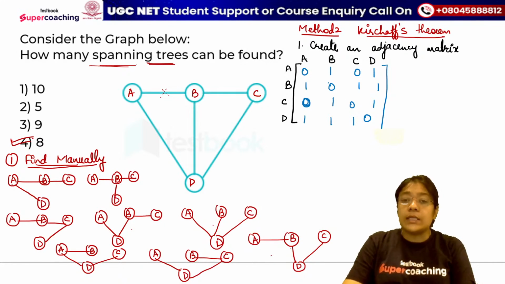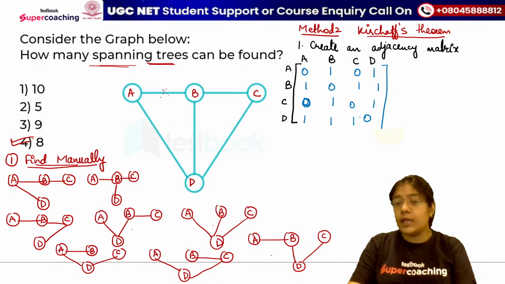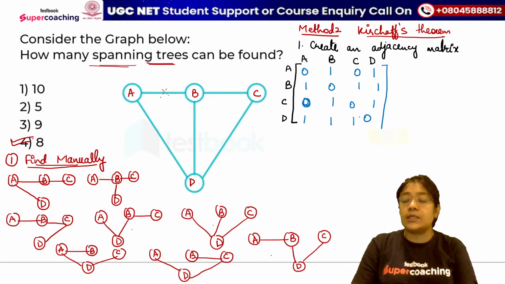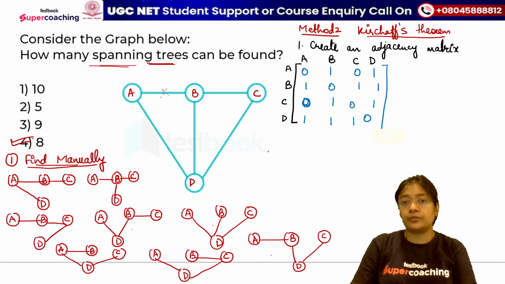Now जितने भी आपके पास diagonal elements हैं, इनको हम replace करेंगे with its degree. So replace the diagonal zeros with its degree. Step 2.